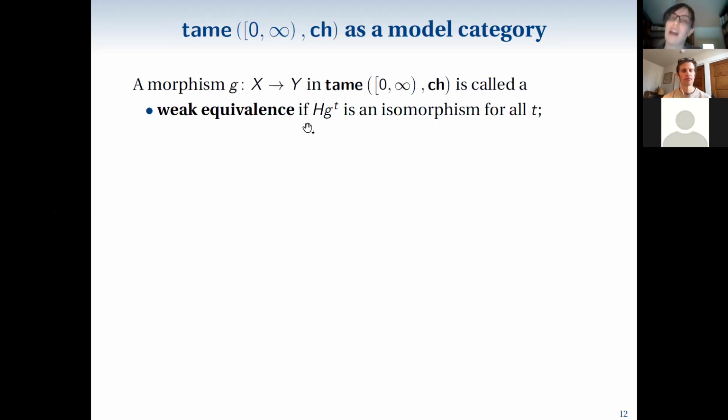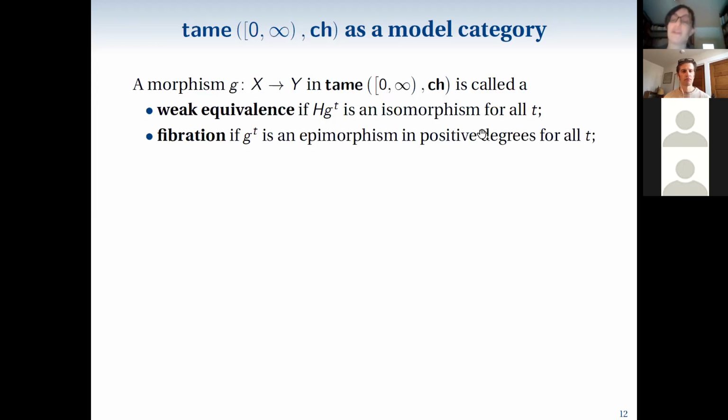So if for every T, the map G_T is an isomorphism in homology. It is a fibration if it's pointwise an epimorphism in positive degrees. And again, this means that it is a fibration in CH.